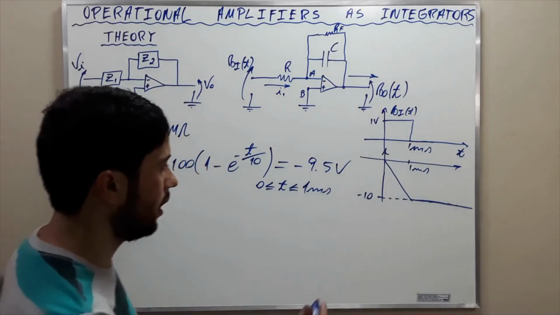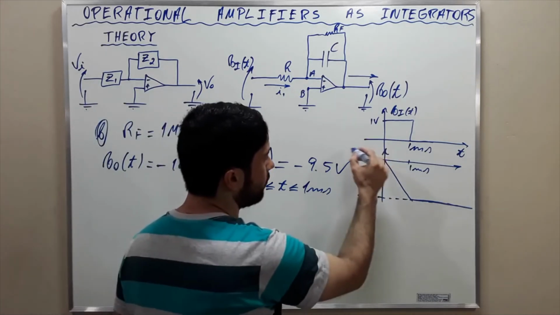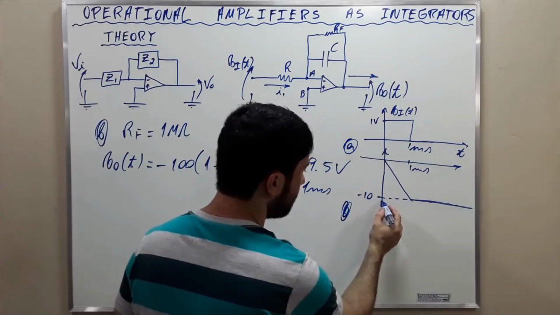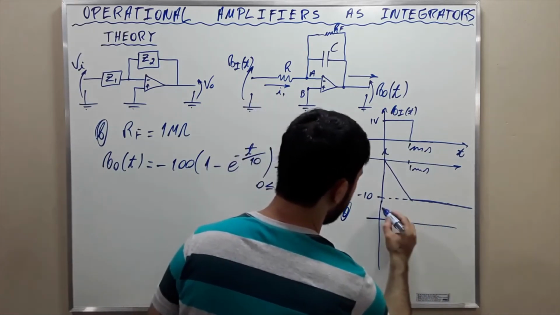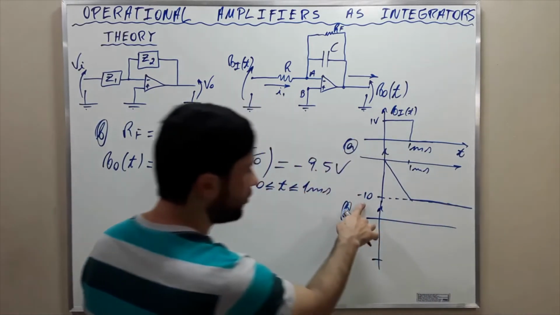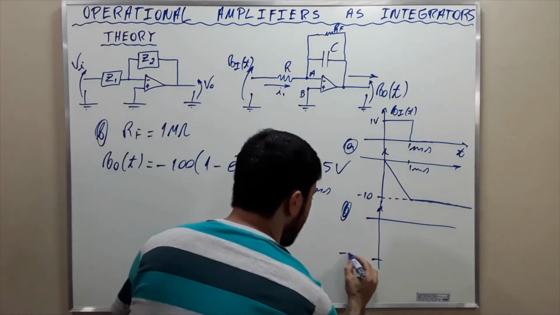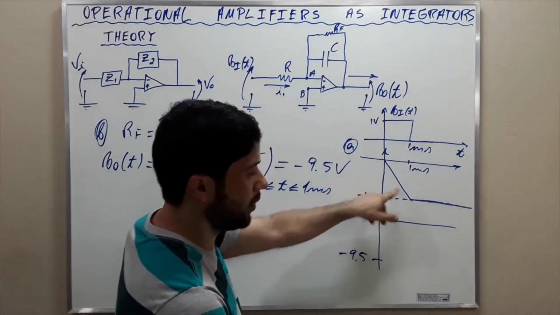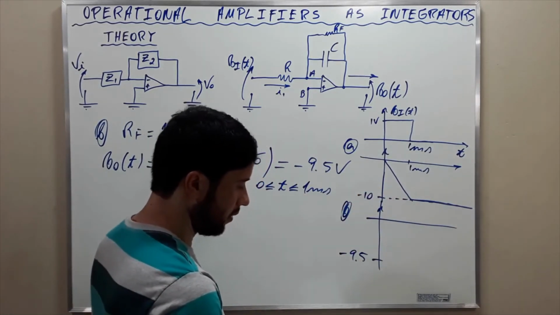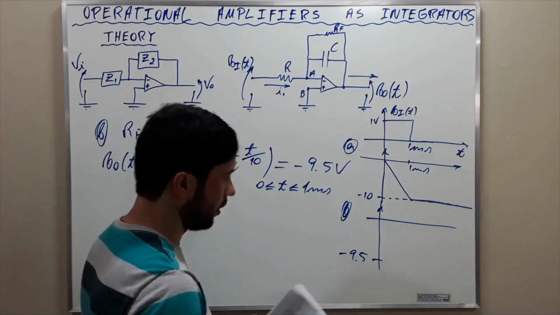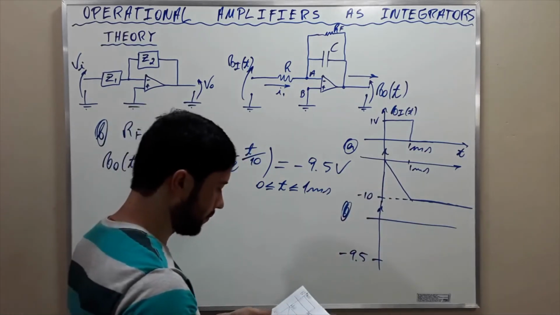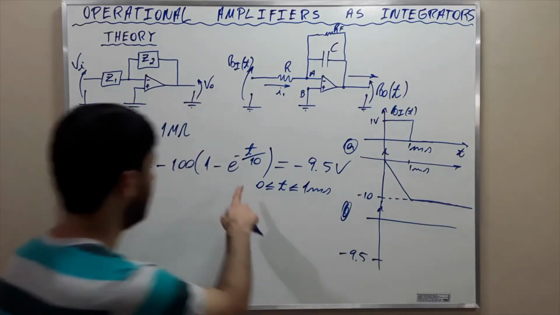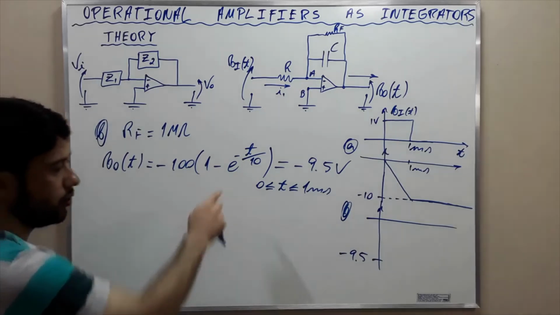And then another graph here. This is the graph for letter A, and this is going to be the graph for letter B. Here, instead of negative 10, it is going to be negative 9.5. And instead of being linear, as in here it is a linear line, instead of being linear, it is going to be an exponential.